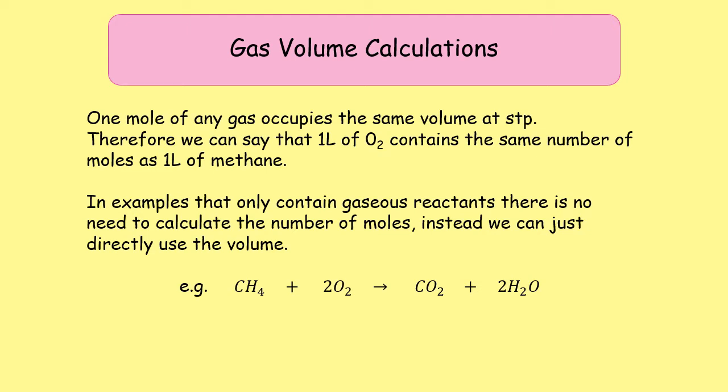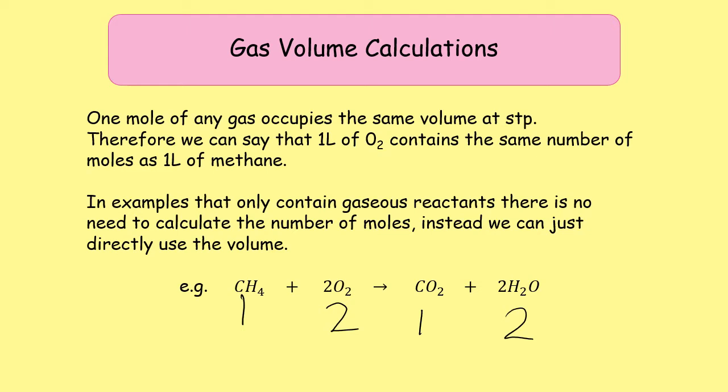And in examples that only contain gases, you do not need to calculate the number of moles, you can just use volume. So for example, in this equation here where we've got methane, we know that 1 volume of methane will react with 2 volumes of this to produce 1 volume of carbon dioxide and 2 volumes of H2O.